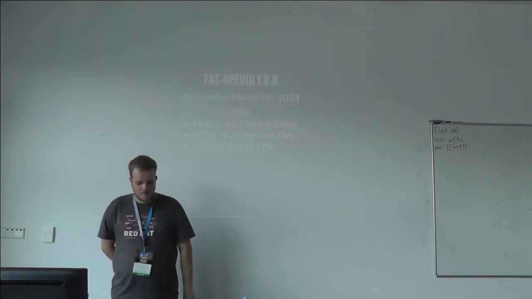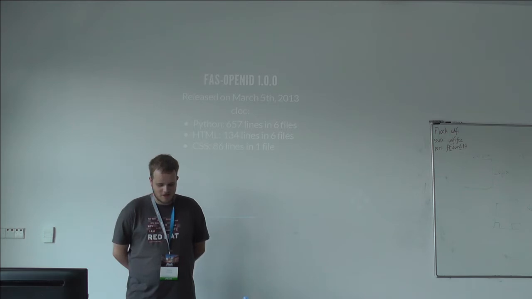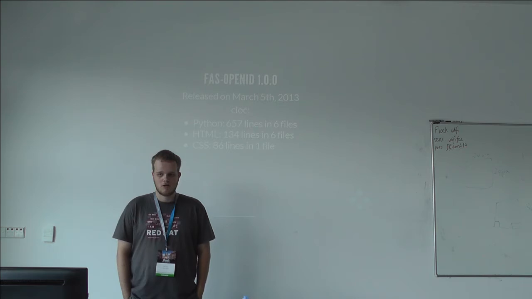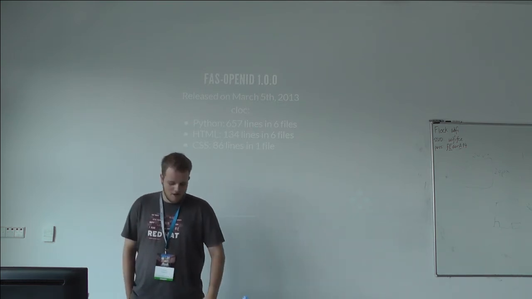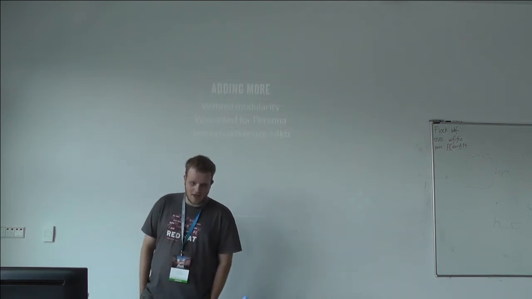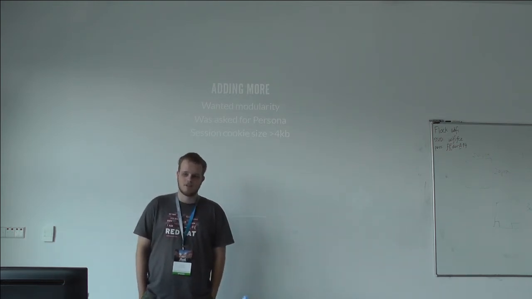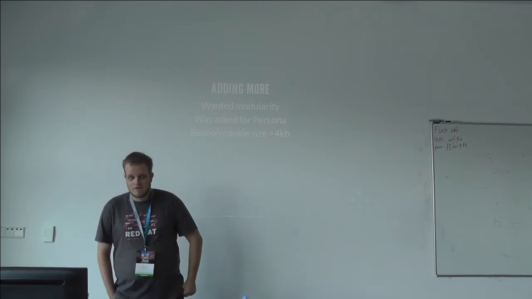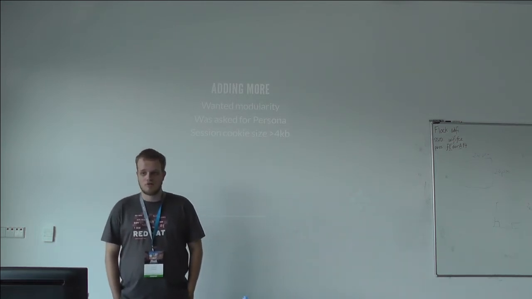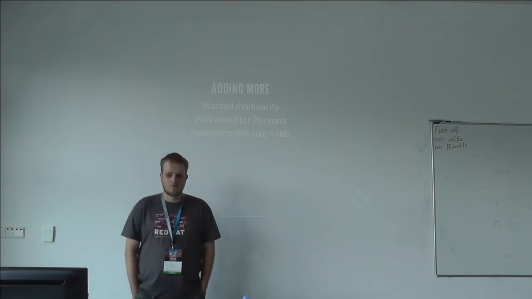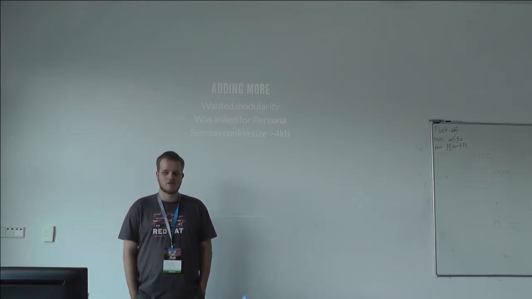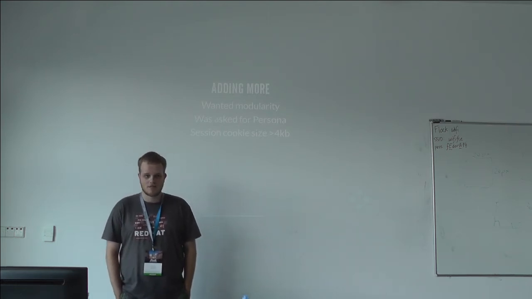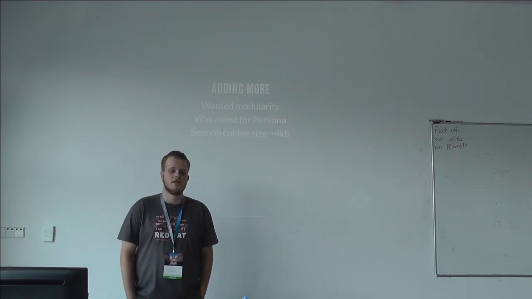So, version 1.0 was released on March 5th, and it was not that big, but it had some issues, like it had only FAS authentication, and people started asking to add Persona to it, and we started having issues because the session cookie we used to store your authentication became more than 4 kilobytes because we also stored group information in there.